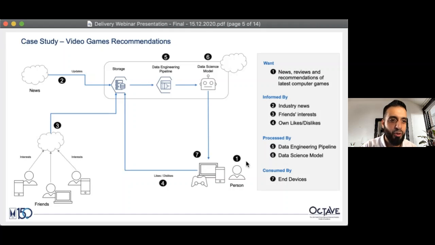All of that would be processed by some kind of central storage engine, and there'll be some kind of data engineering pipeline feeding that into some kind of data science model, and then eventually that'll be published to some kind of end devices. Those devices might be a mobile app or maybe even a laptop. It's a really simple example, but I think we're going to use this to anchor a lot of the next few sections.